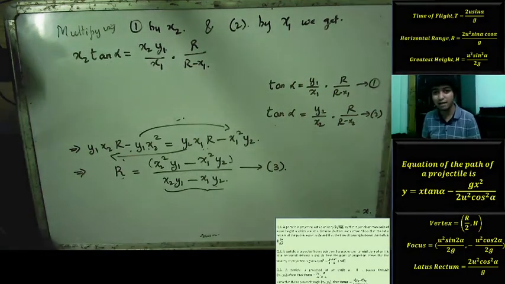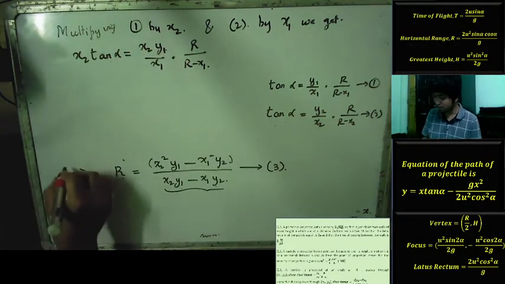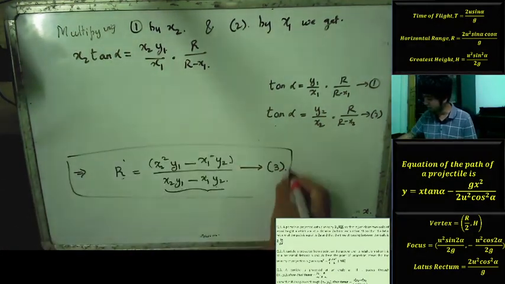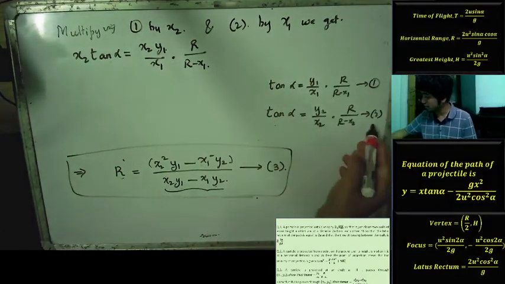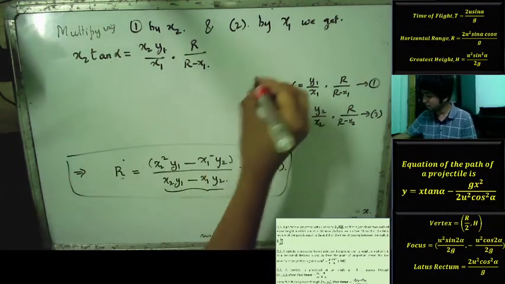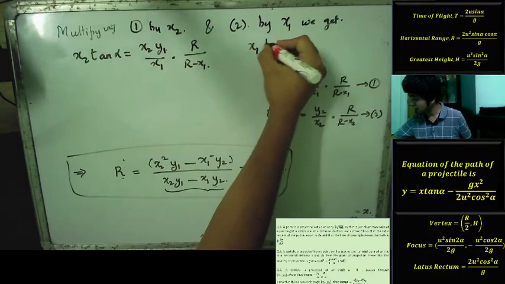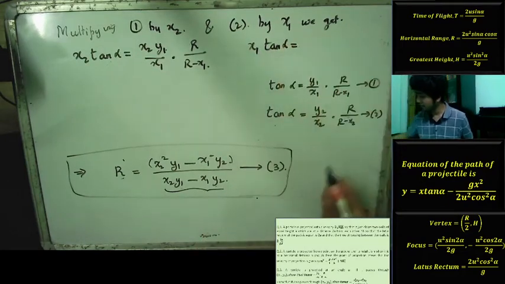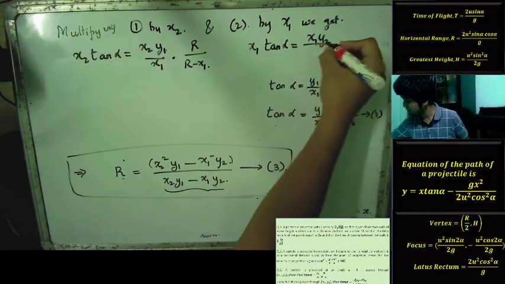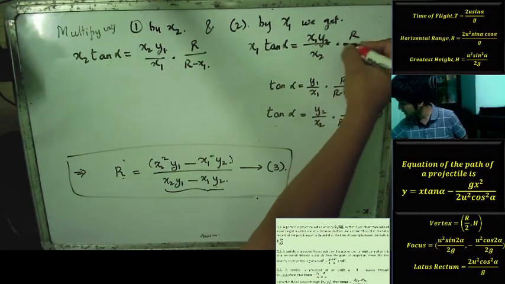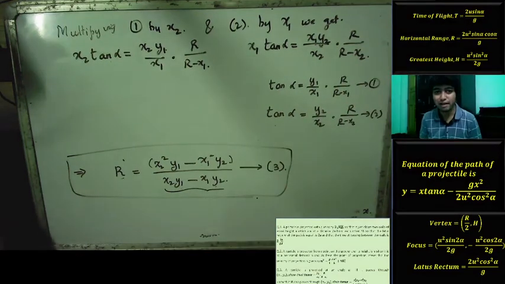So this is what we have. Equation 3 also I will keep, so I will not erase this one. And also multiplying equation 2 by x1, I will write it over here: x1 tan alpha equal x1 y2 upon x2 r by r minus x2. So this is what we have.